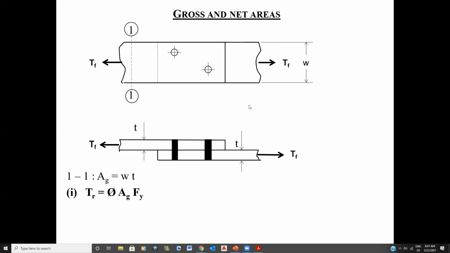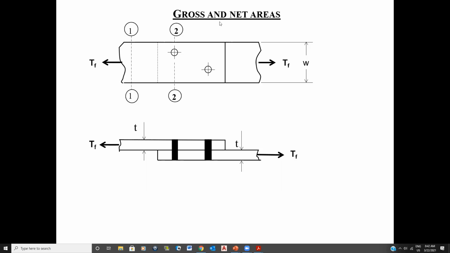That's the very first equation we did on the previous slide. Now, what happens here? Why do I have a different cross section here? There's a hole. So I'm removing material, right? So I don't have a gross cross-sectional area anymore.